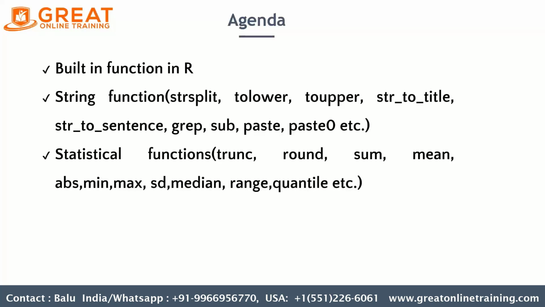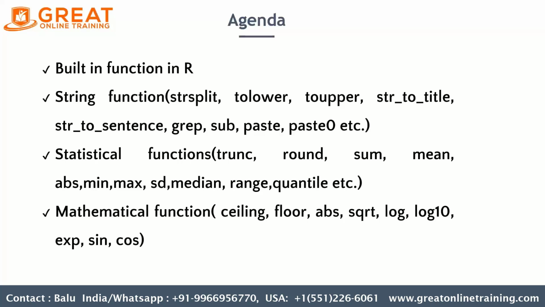Similarly, we have statistical functions like round, sum, mean, absolute, minimum, maximum, standard deviation, median, range, quartile, etc. And mathematical functions: ceiling, floor, absolute, square root, log (natural log), log base 10, exponential, sine, and cos.